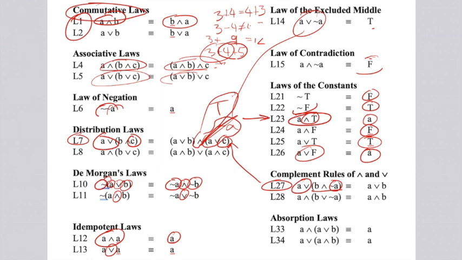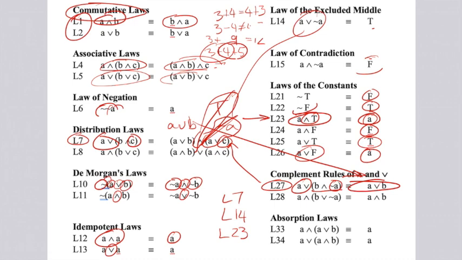And so that just becomes what the input is, which means I can get rid of all that, and we get left with A or B. And sure enough, what's our answer over here? A or B, because law 27 really is a combination of using law 7 and then law 14 and then law 23. So if we do all those, we don't need law 27, but the fact that it's there allows us to save some time.